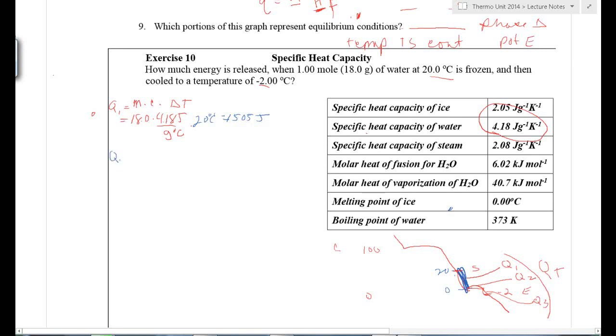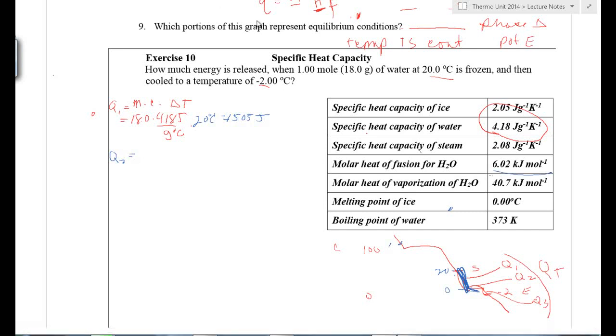My Q2 is at the plateau. I have no temperature change, so I need to use some quantity times, in this case it's going to be the heat of fusion. Fusion happens down here. Okay, so here I have the molar heat of fusion, so it's per mole.